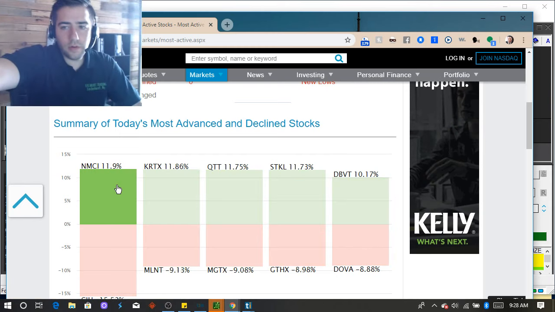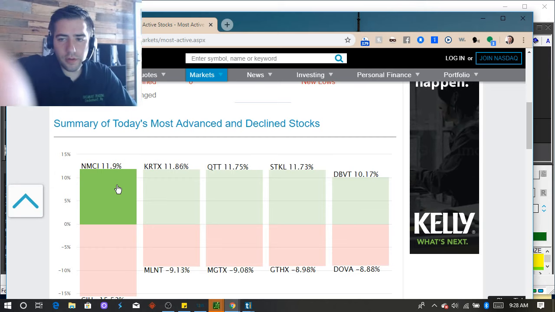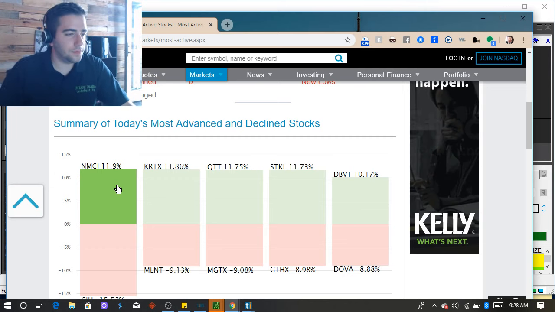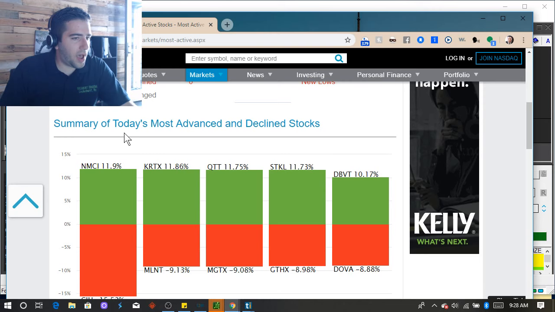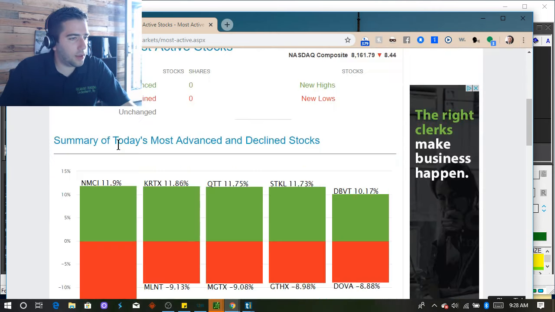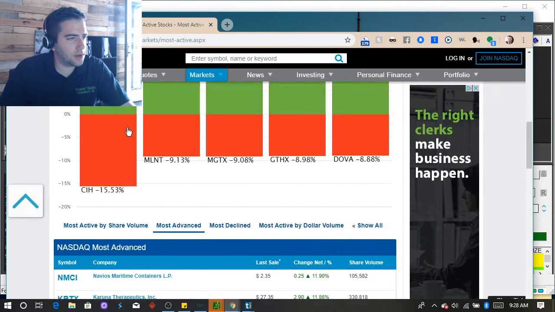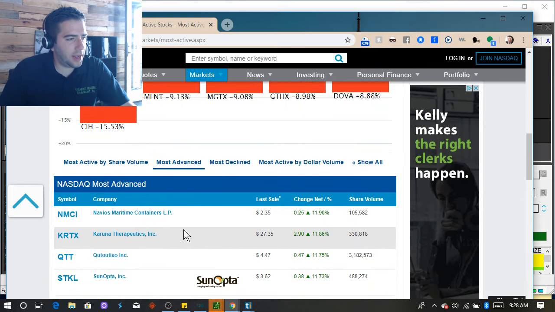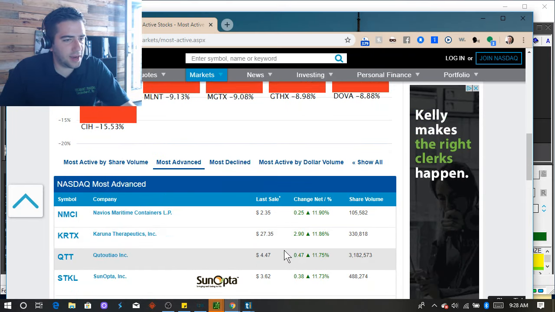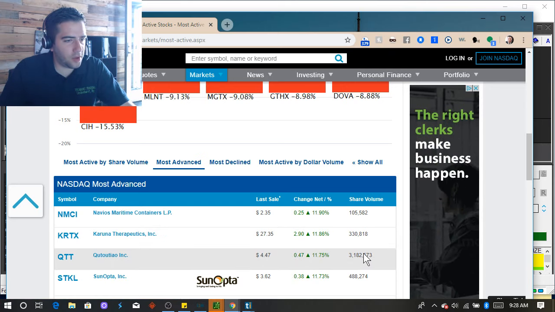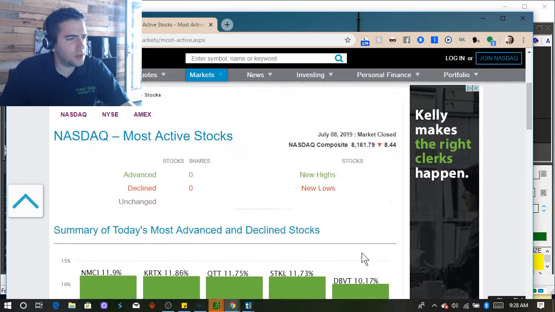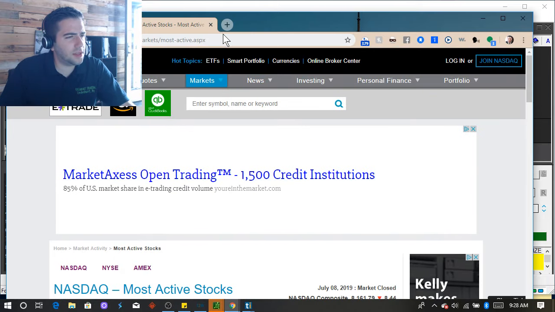All right. Wow. Okay, this is interesting. A lot of names I have not seen yet. But QTT, the volume sticks out the most. Am I missing something? Did I do something wrong here?